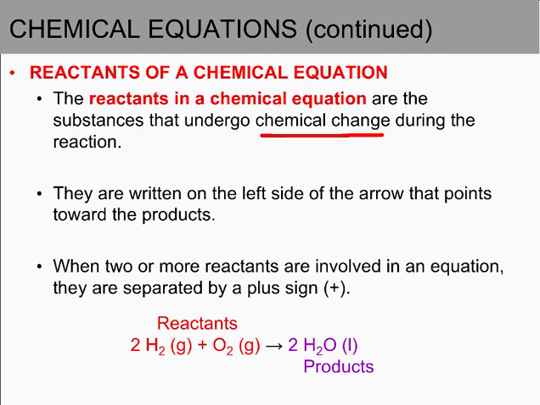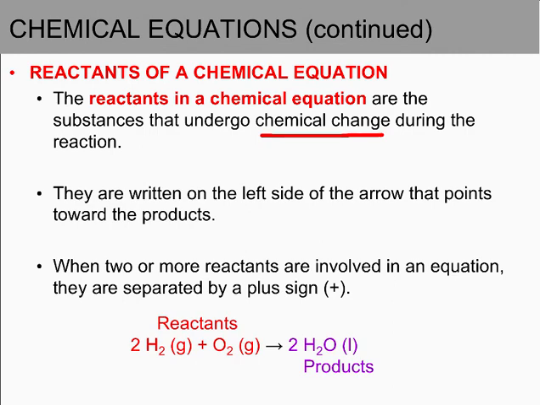So as an example, down below, we have hydrogen plus oxygen, and they're reacting to form water. So you'll notice that hydrogen is a gas, oxygen is also a gas, and those are our reactants. And then they're reacting to produce a liquid.